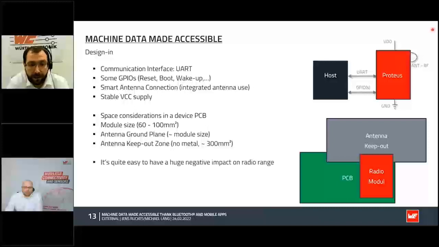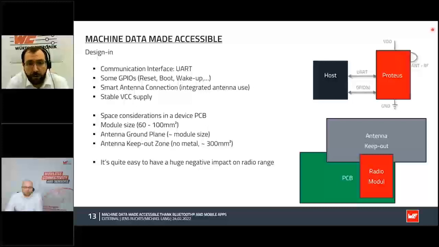Again, a general rule of thumb is lambda divided by 10 as the distance from the antenna free of any metal, which would result in roughly 300 square millimeters.